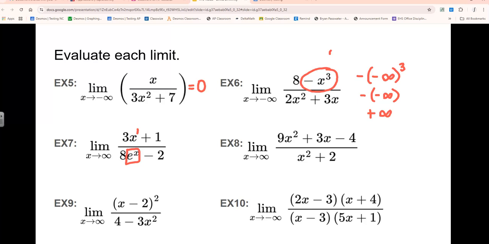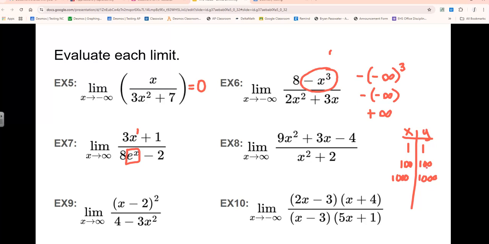But if you think about plugging numbers in, if I'm doing x to the first power, then 1 will be 1, 100 will be 100, 1,000 will be 1,000. That number just gets bigger in a linear sort of fashion.